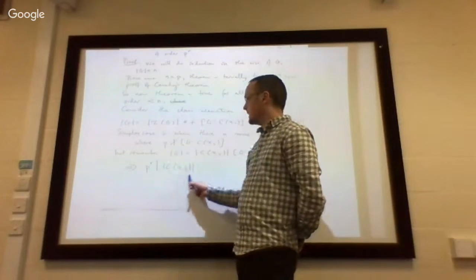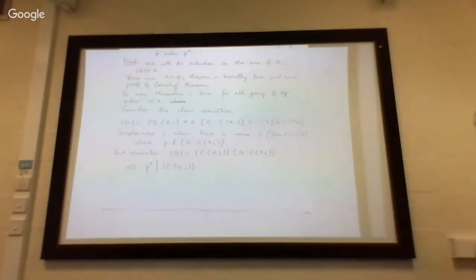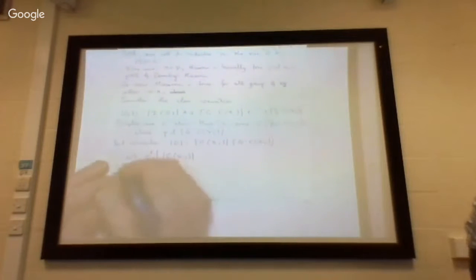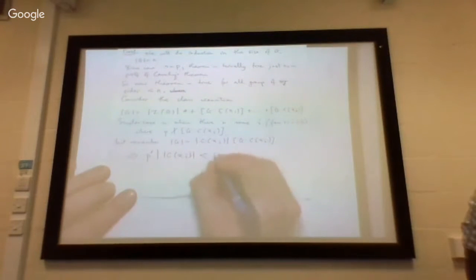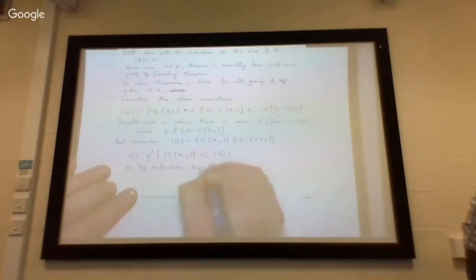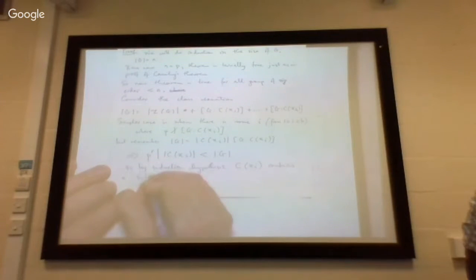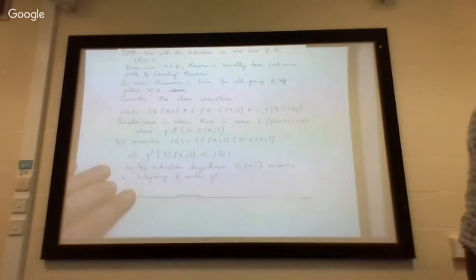So the centralizer C(xi) will contain a subgroup of size p to the r, and this is strictly less than the size of G. So by the induction hypothesis, the centralizer contains a subgroup of order p to the r.